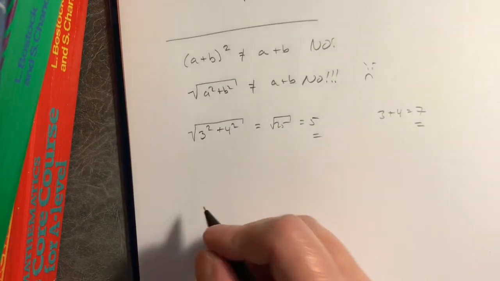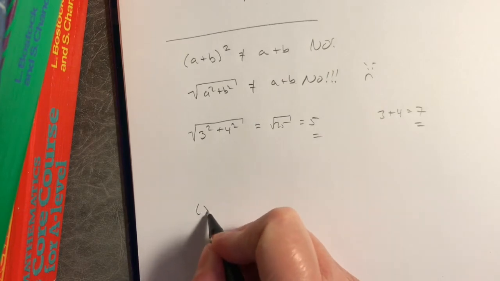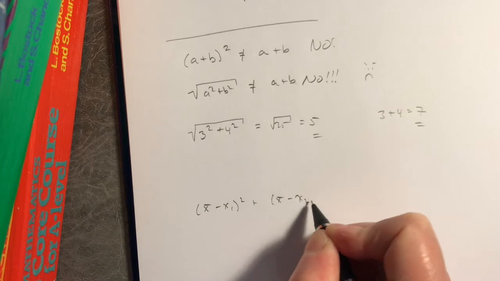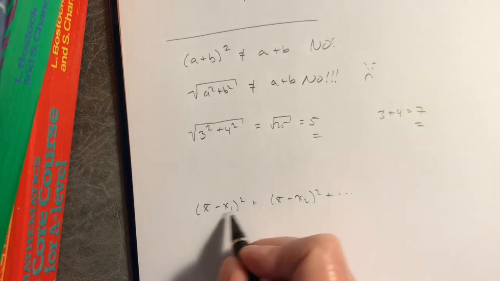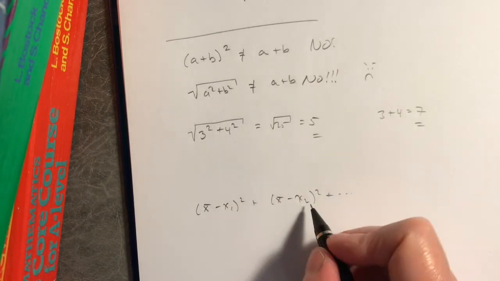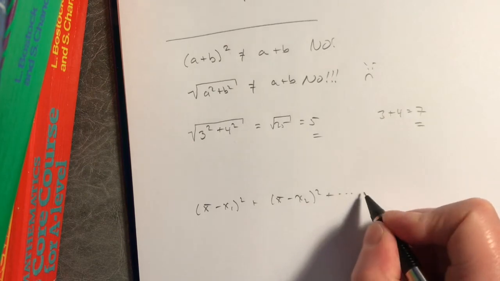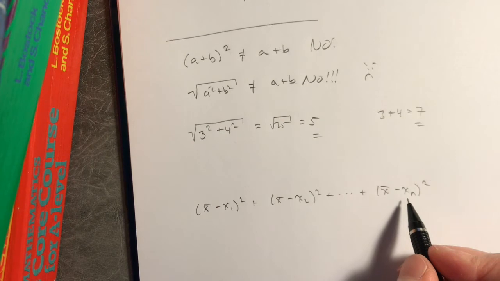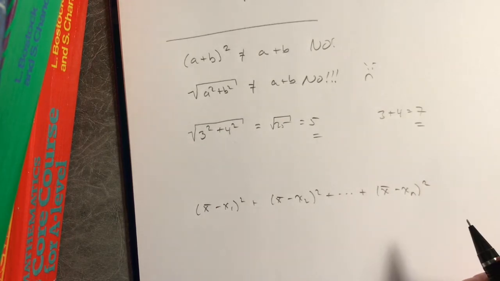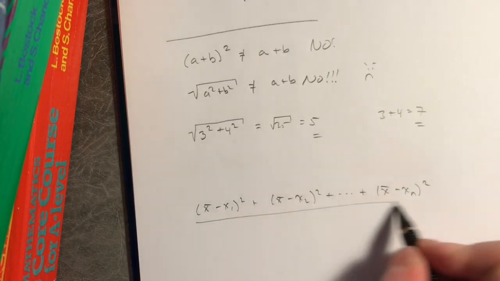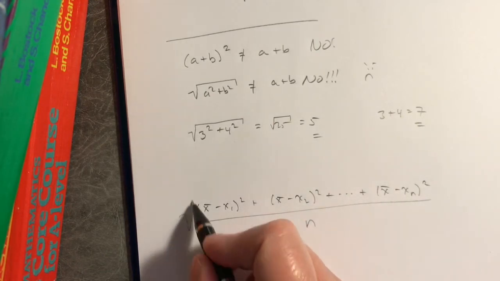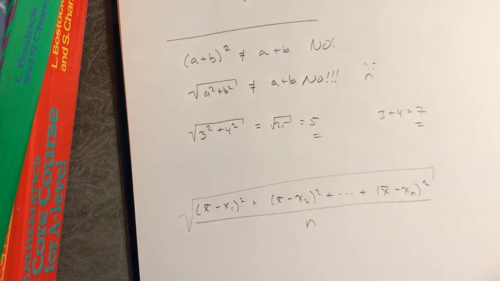We say, if you're going to go adding up all these squares, the difference from your first data point and the mean, second data point and the mean, and so on to your last data point and your mean, and you add up all the squares and take that average, that's your variance. But you've added up a bunch of squares, so you square root it to undo the squaring.